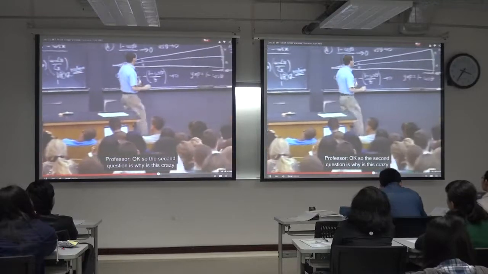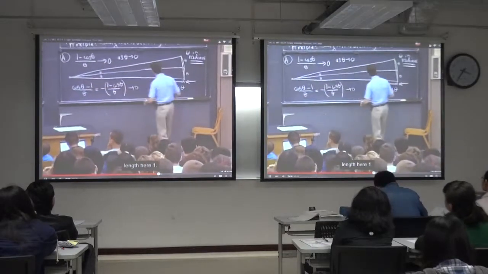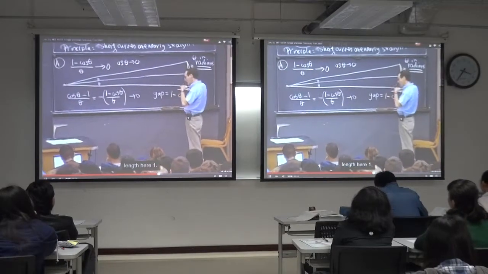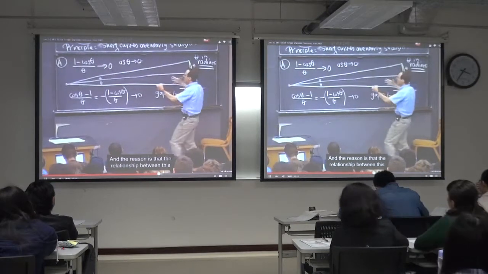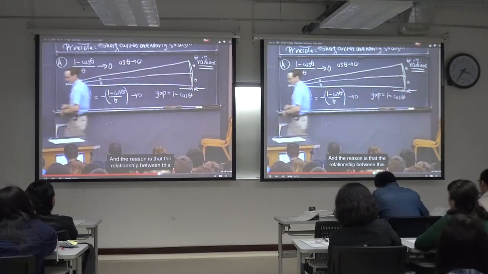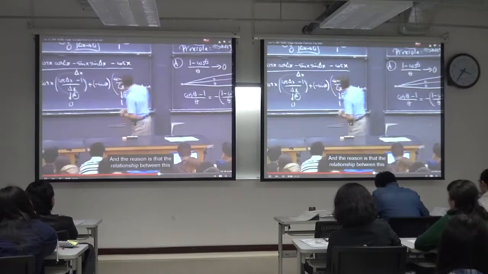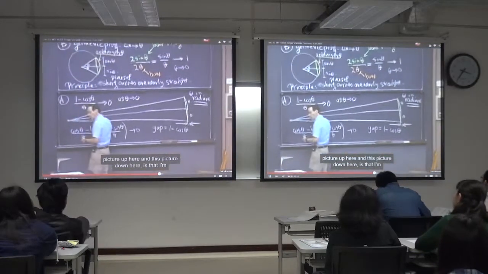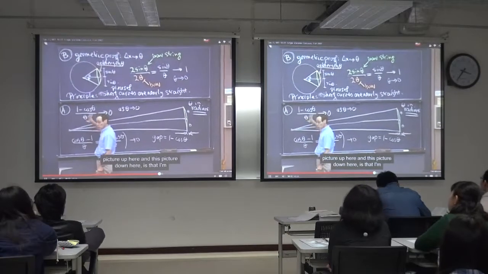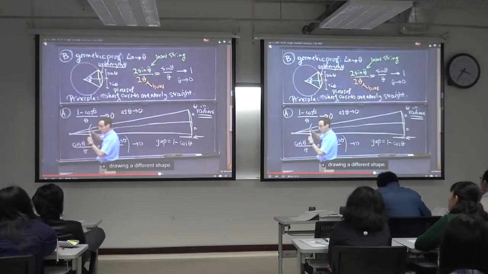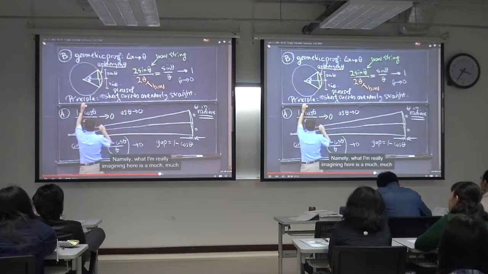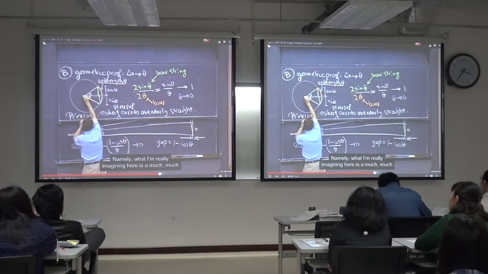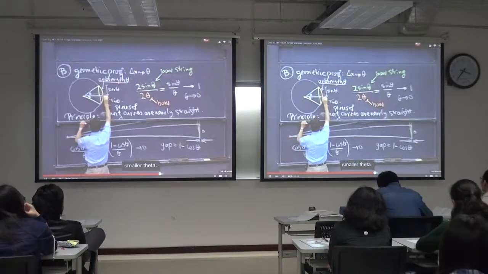Okay, so the second question is, why is this crazy length here 1? And the reason is that the relationship between this picture up here and this picture down here is that I'm drawing a different shape. Namely, what I'm really imagining here is a much, much smaller theta.